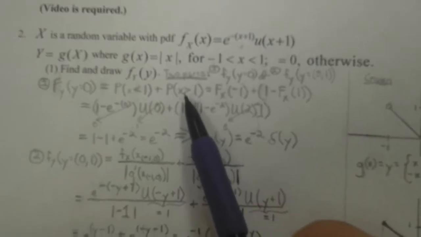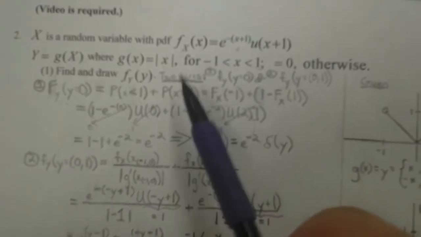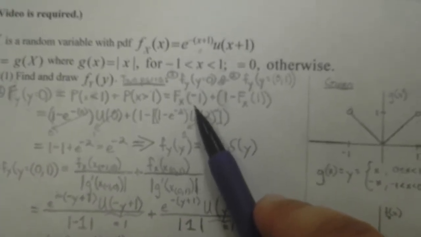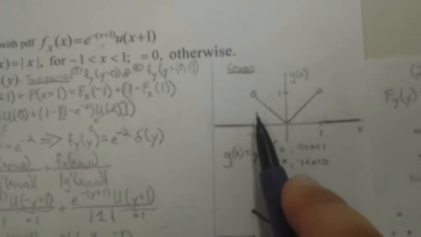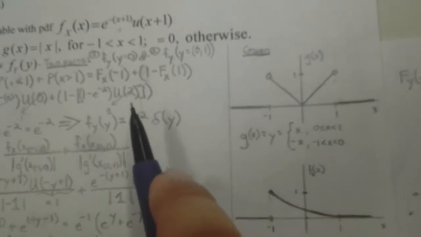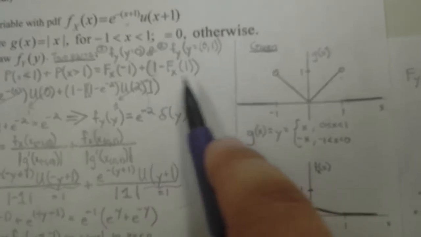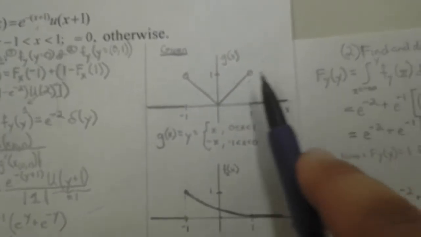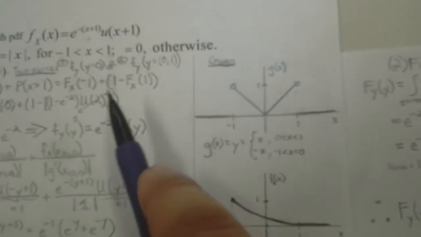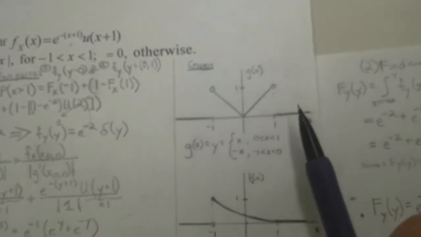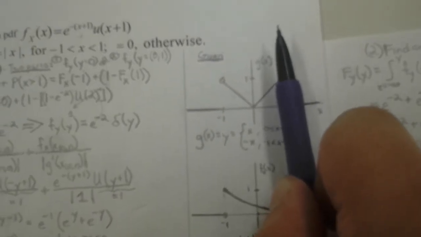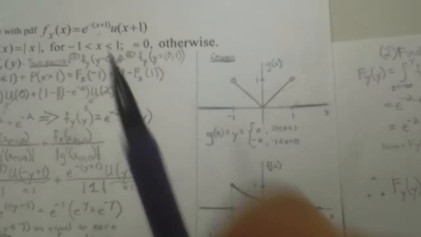All right? Which we wrote out right here. That's going to correspond to a big F of x at negative 1, so all the values below here for probability, and then all the values above here for a probability, which corresponds to 1 minus big F of x at 1. So basically everything minus this portion.